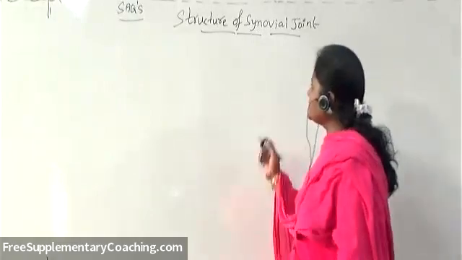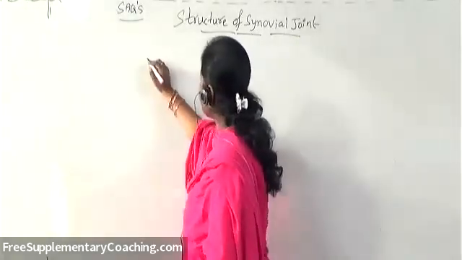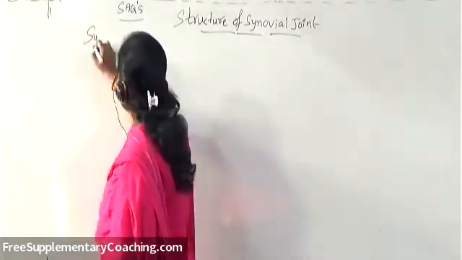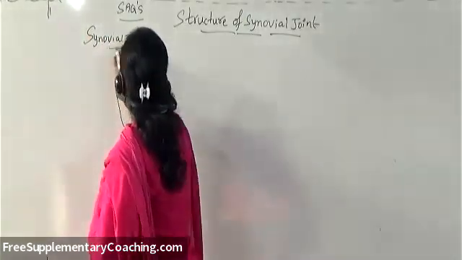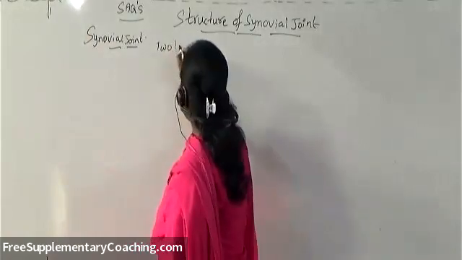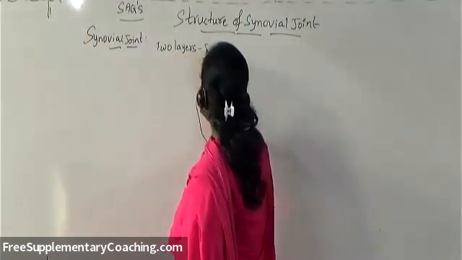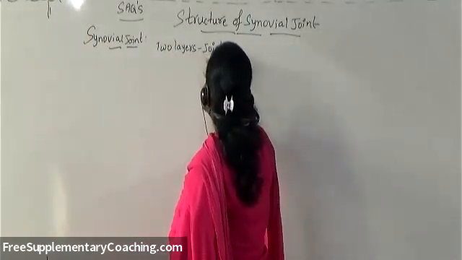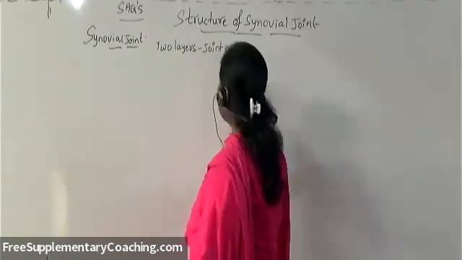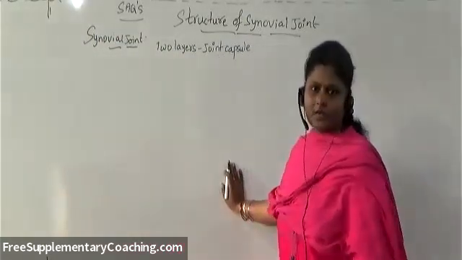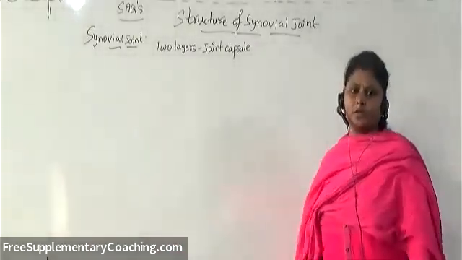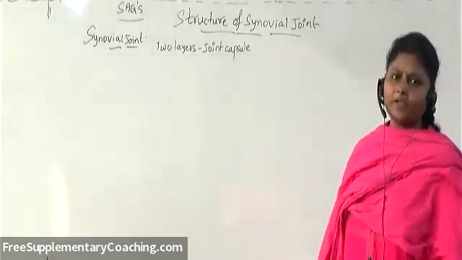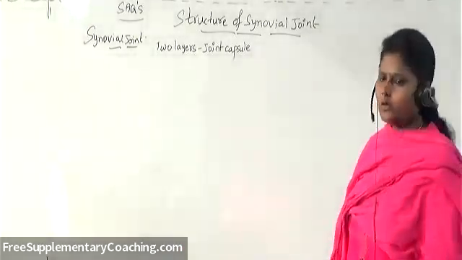The synovial joint consists of two layers, which together form the joint capsule for the synovial joint. Always joint means where two bones meet together. So a joint is formed by the union of two bones.